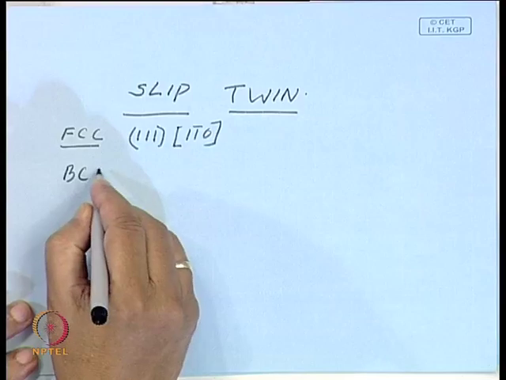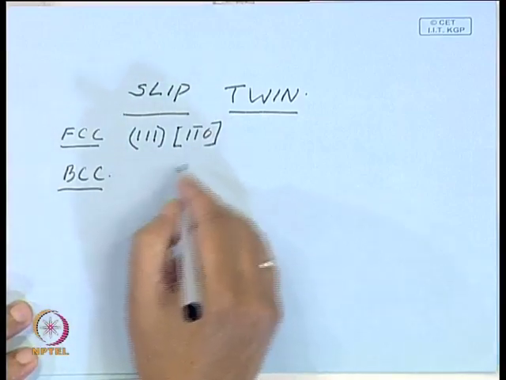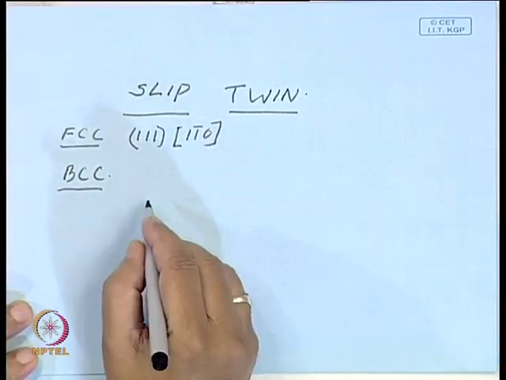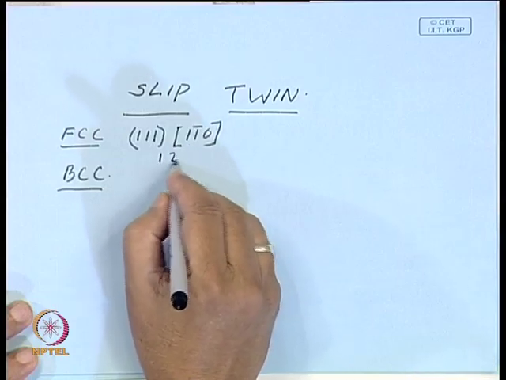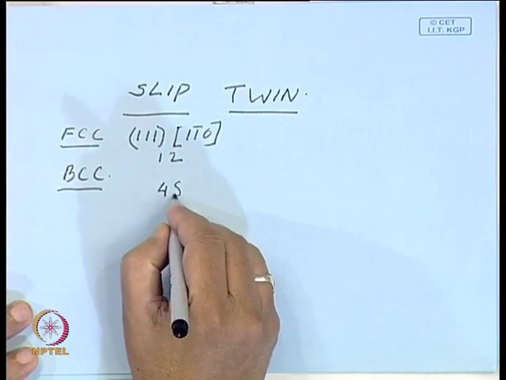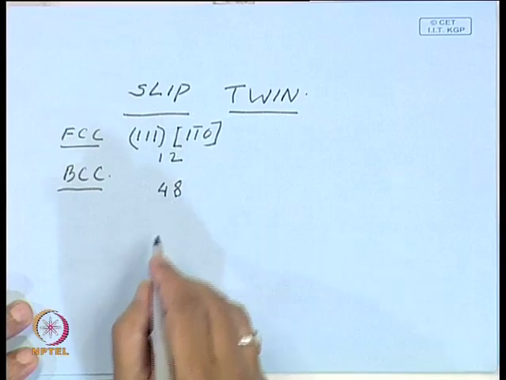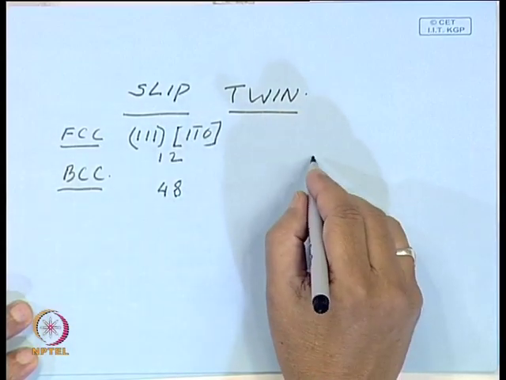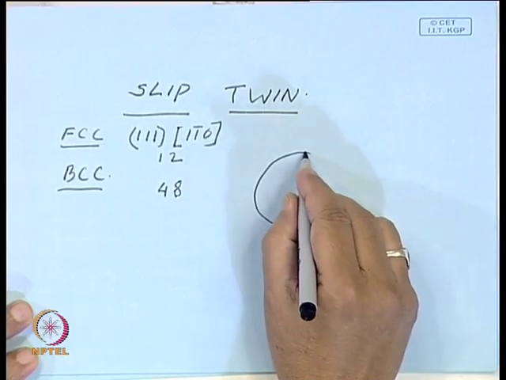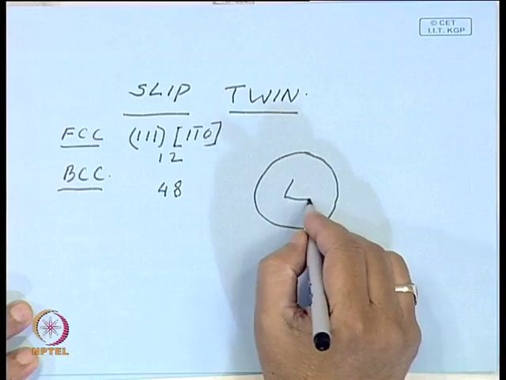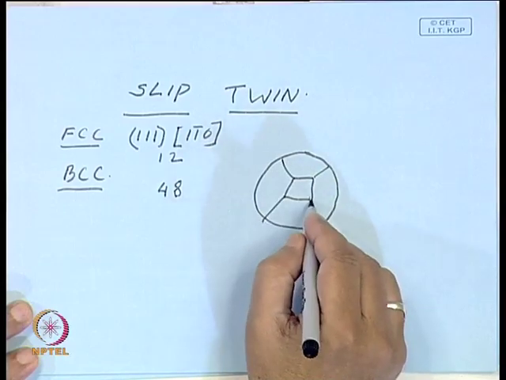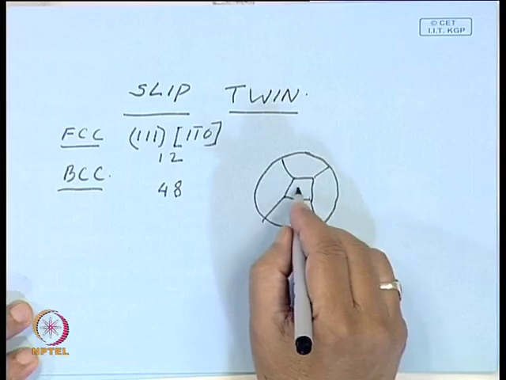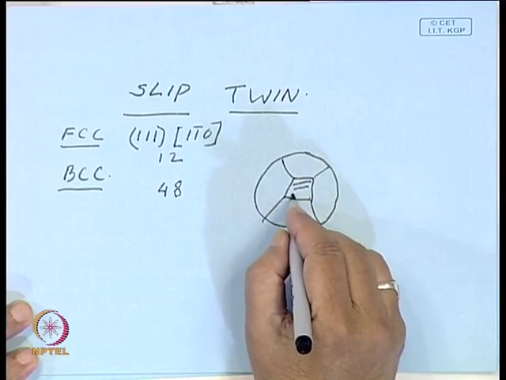BCC also has a similar type of slip system, but that number is very large. Here it is 12, here it is 48, and this has a marked influence on the microstructure. So basically, in a face centered cubic structure, we have seen slip lines.